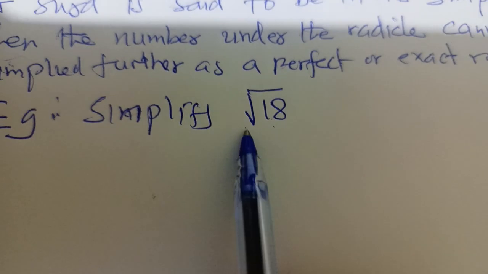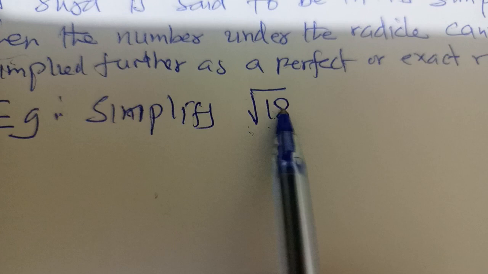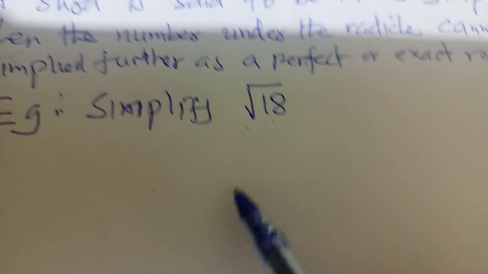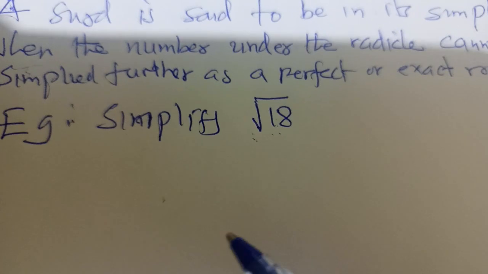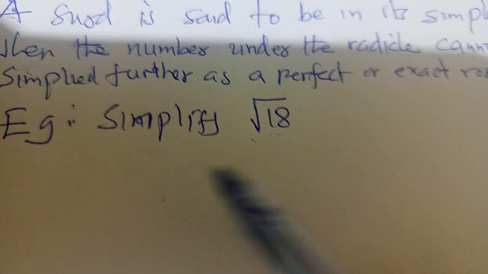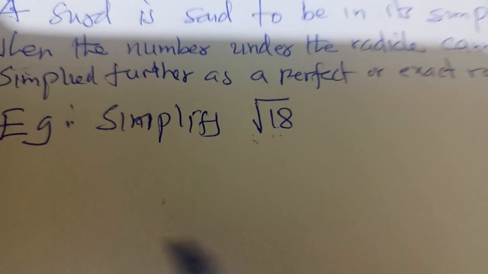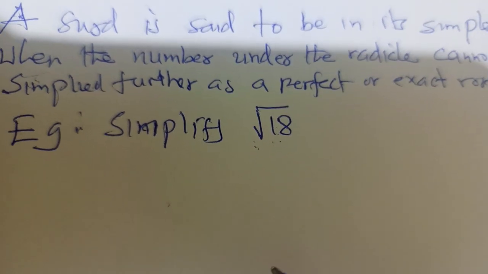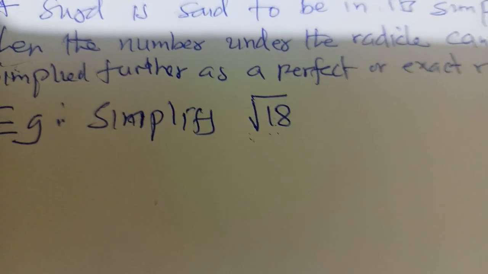So if you are asked to simplify it, you are supposed to rewrite this 18 as a product of factors, one of which or two of which are perfect squares whose square root can be found.